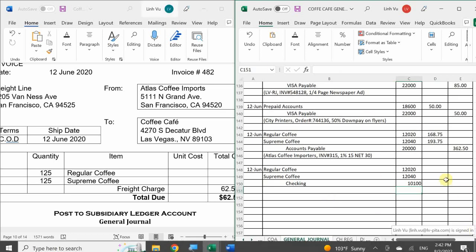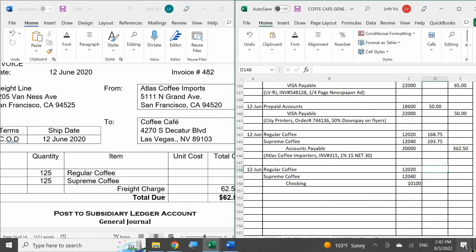Again, right now it's a grand total of $62.50. How much is going to be for the regular coffee and how much for the supreme coffee? $31.25 each. I'm going to take $62.50 divided by 2, $31.25 each, and that gives you your grand total of $62.50.